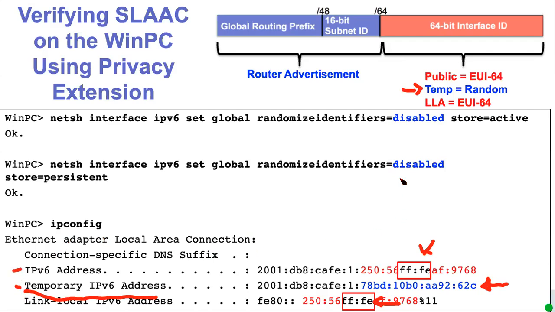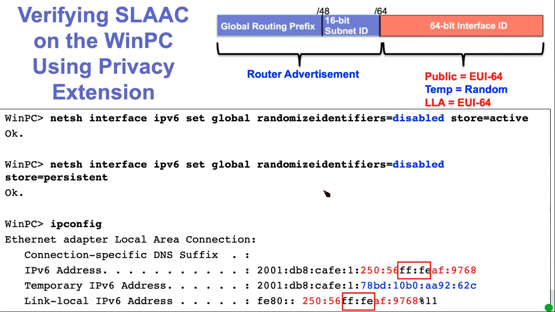But for now, all I really want you to see is that your operating system may use, for the 64-bit interface ID, either EUI-64 or a random number, and you can change that. It doesn't matter whether it's Windows, Mac OS, or Linux. If you know the right command, you can change it.